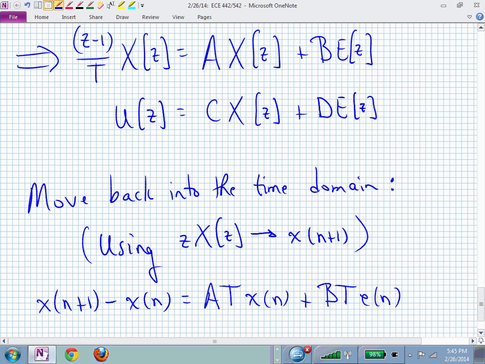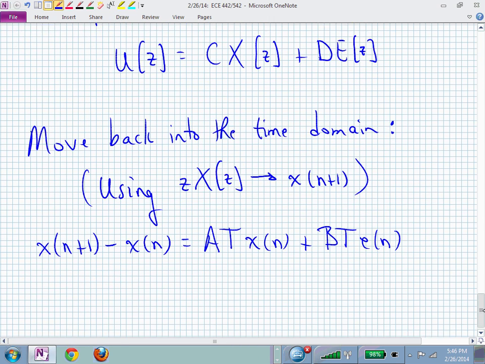We're taking the top row that's still visible on the screen, that's in the frequency domain, and we're mapping that into the time domain. And we simply scaled everything by T, and that gets rid of the T in the basement. And the output equation is easy to move into the time domain.